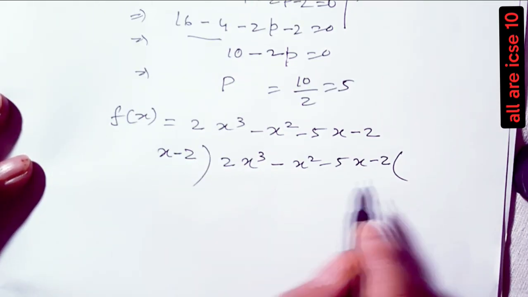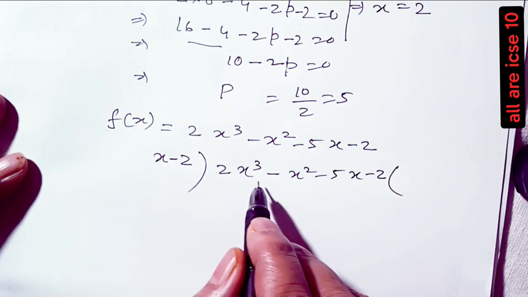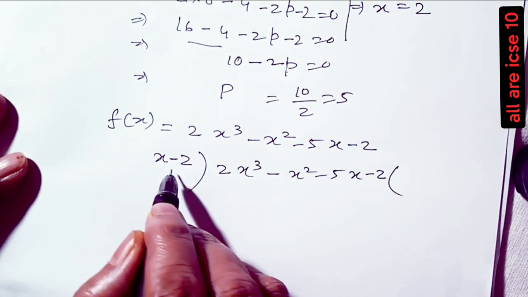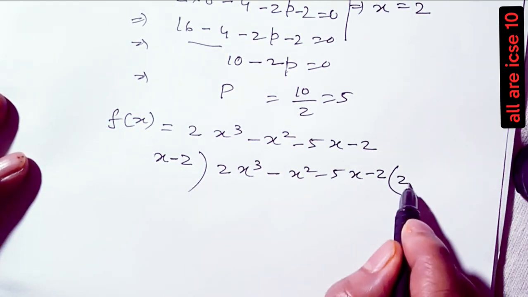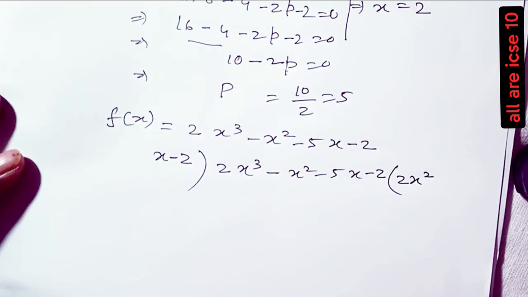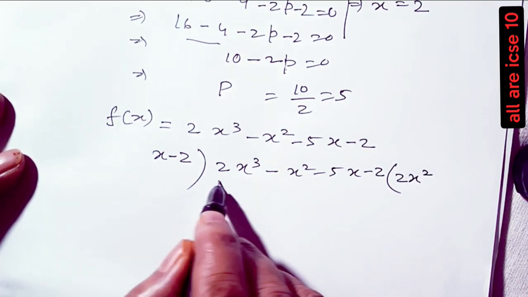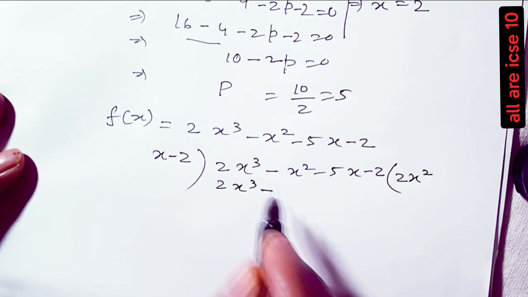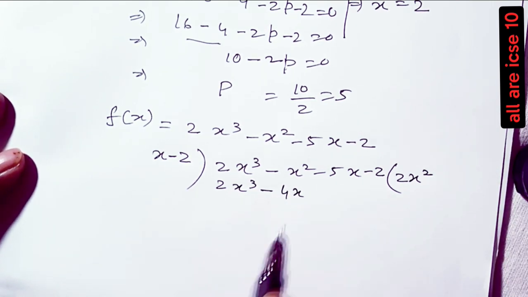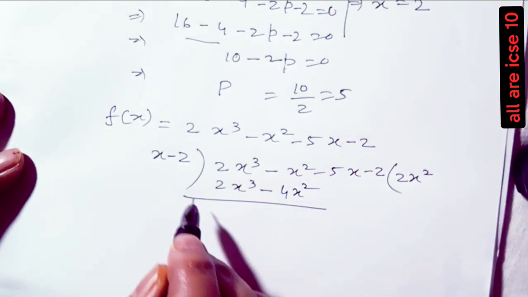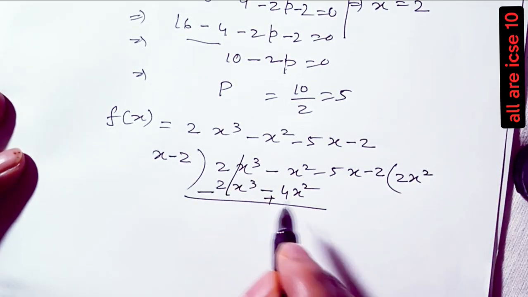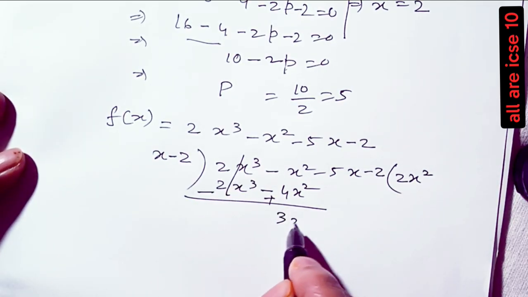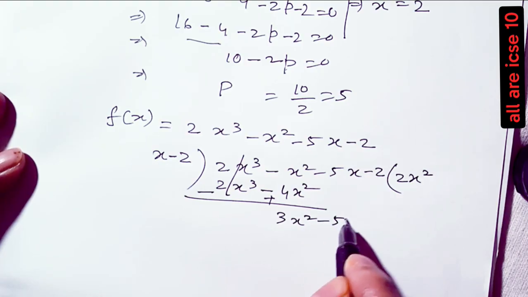So x minus 2, this is 2x cube, so we multiply it by 2x square. So 2x cube minus 4x square. Now this cancels, plus 3x square minus 5x.